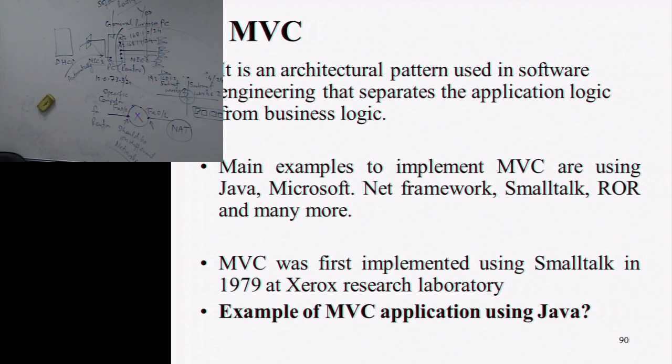You are asking why in 79 it was introduced, why it got popularity only later? It depends on the trends, on the needs, on the requirements. Because in 79 you don't have web applications, no internet, no such concept.